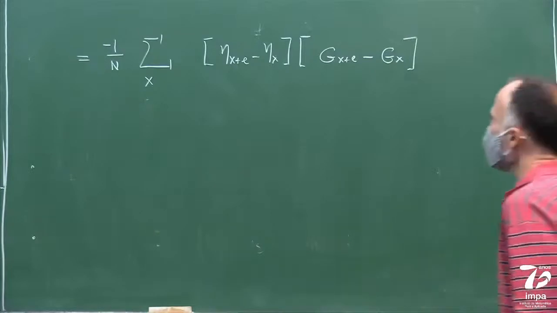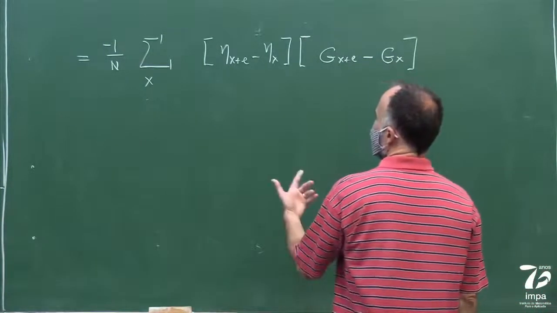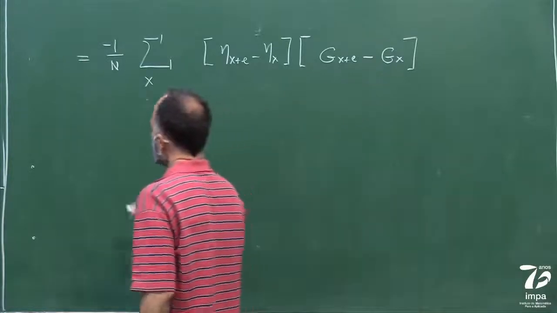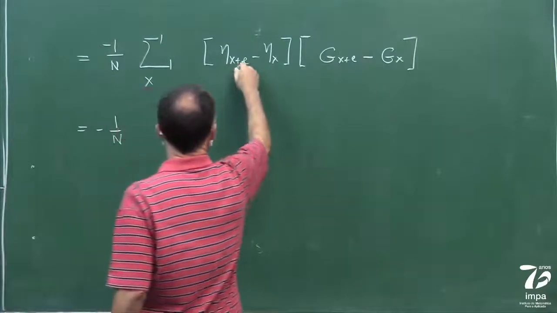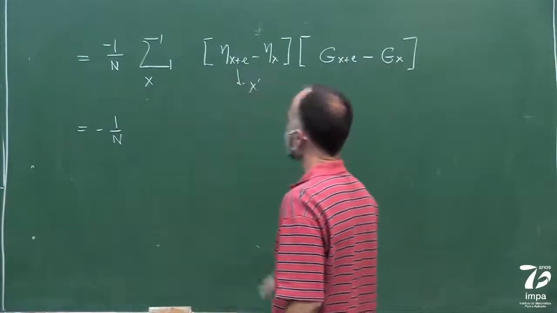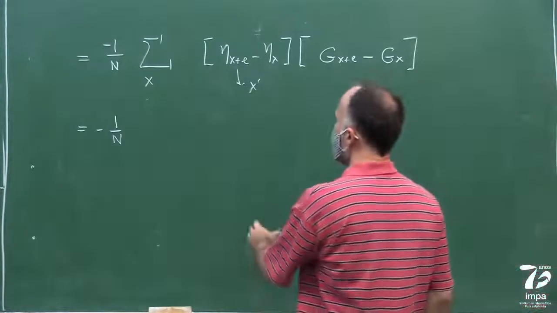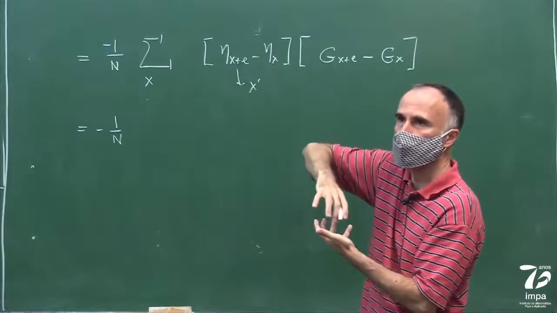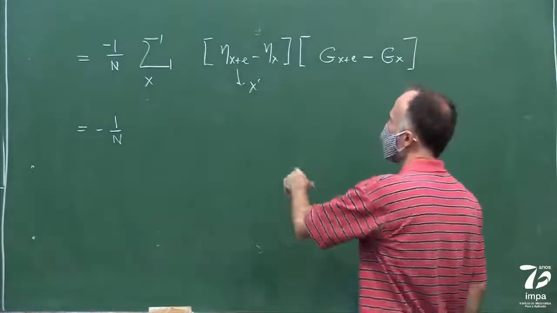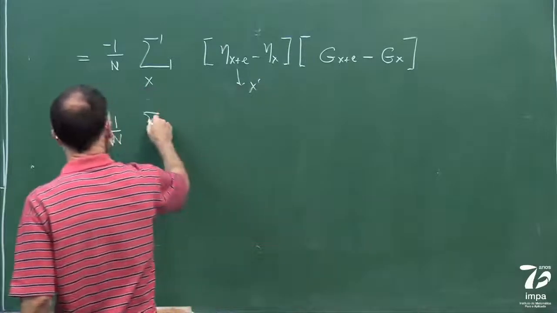And now what I want to do is integrate that by parts. So this one, x plus e, I will call x prime. Since I'm doing a sum over the torus, when you just translate by 1, you don't do anything. So you're still summing over all x.